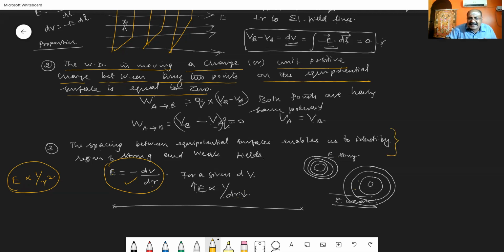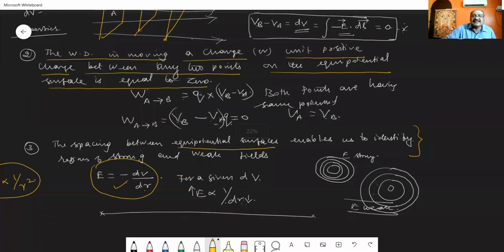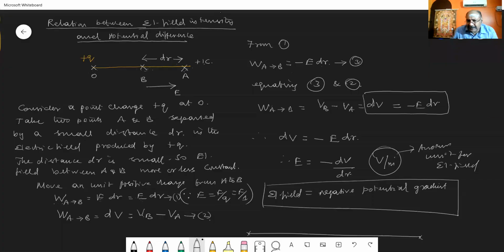That is the spacing between the equipotential surfaces, whether they are closer or far apart, enables us to identify the regions of strong electrical field and weak electrical field. This is what we are calling the properties of equipotential surfaces.